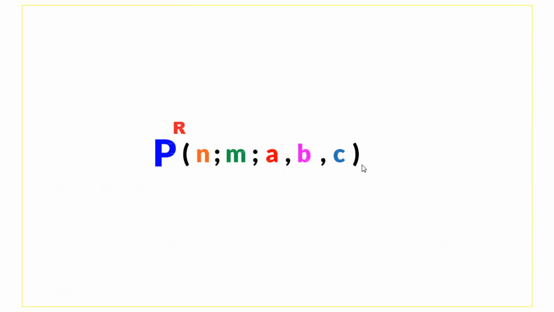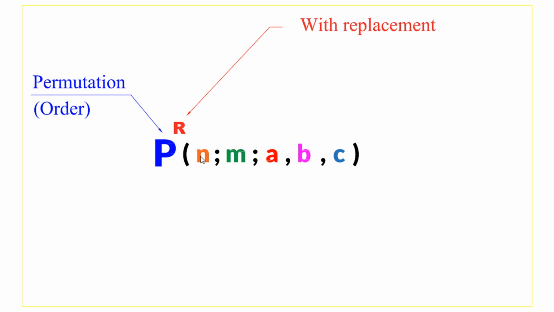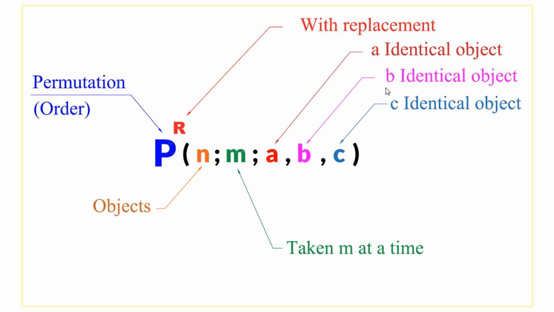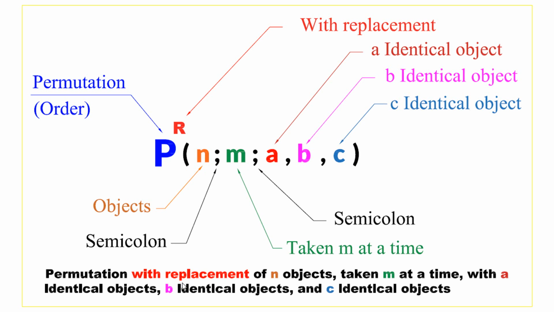Now, as a reminder on how to read this formula, this is permutation with replacement of n objects taken m at a time with A identical objects, B and C identical objects, and we write here semicolons in order to separate the identical items from the manipulated objects, and we can read it permutation with replacement of n objects taken m at a time with A, B and C identical items or objects.